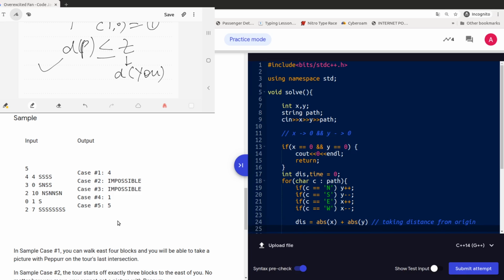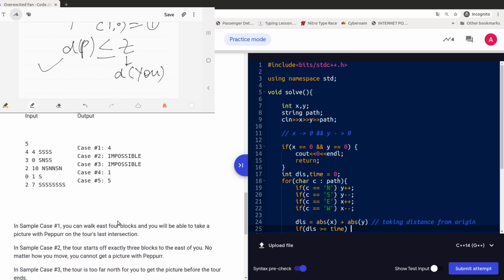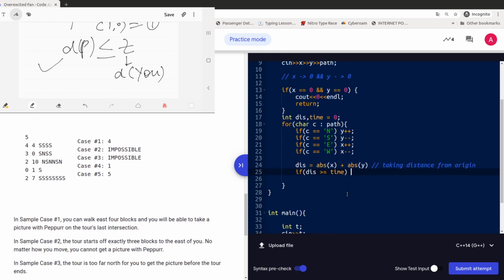Now we say that if the distance becomes less than or equal to the time, then we can say that this is our answer, and we also need to increase the time at each step, and then we can return it.